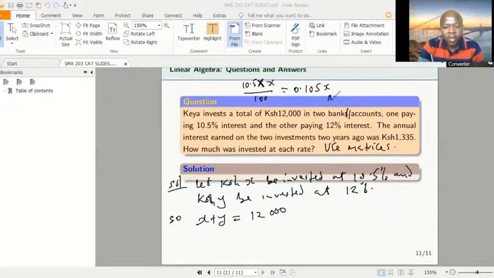It will be 12Y out of 100, which is 0.12Y. So this is the interest that Y shillings will earn, and this is the interest that X shillings will earn. So the total interest earned will be 0.105X plus 0.12Y.